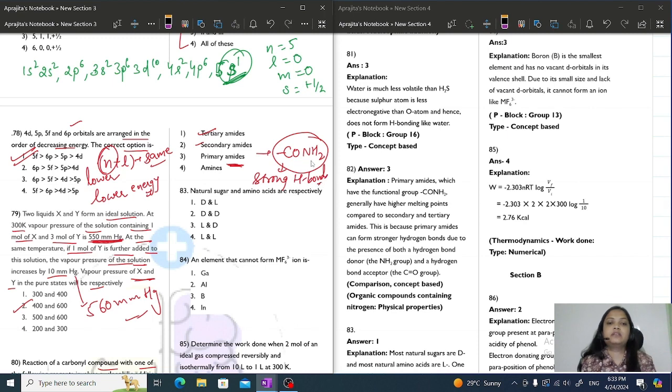Now there is the presence of both NH2, so hydrogen is there for the bonding, and from CO there is oxygen. So because of that they form strong hydrogen bonds, and the primary amides will have the highest melting point. So the answer is option number 3.